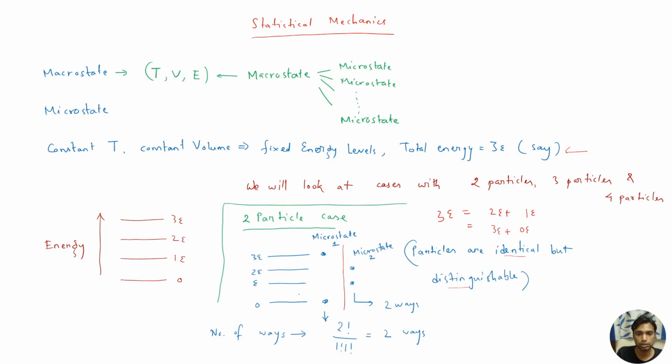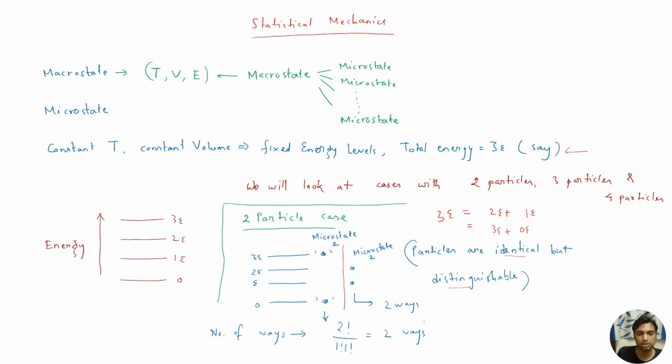So if we look at it that way, then we can have two states. Let's say this is particle 1 and particle 2. Particle 1 2 is one configuration, particle 2 1 is another configuration. So there are two ways in which this microstate can be obtained.